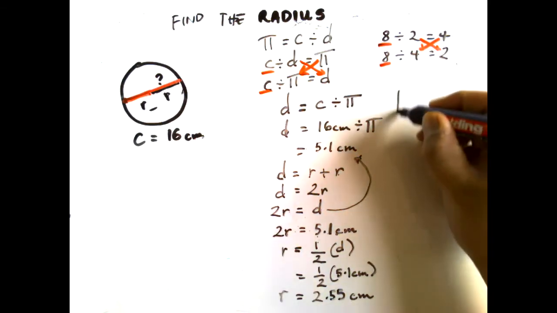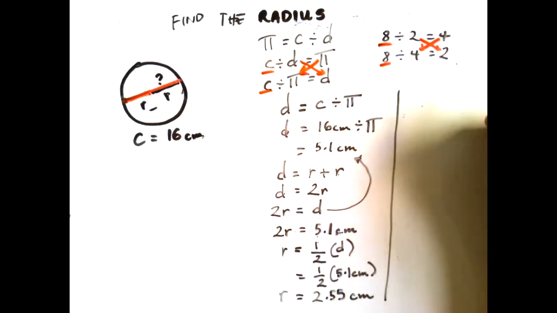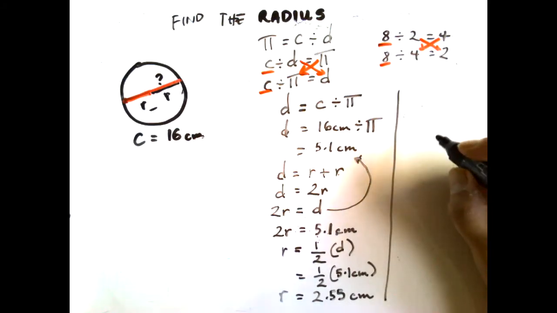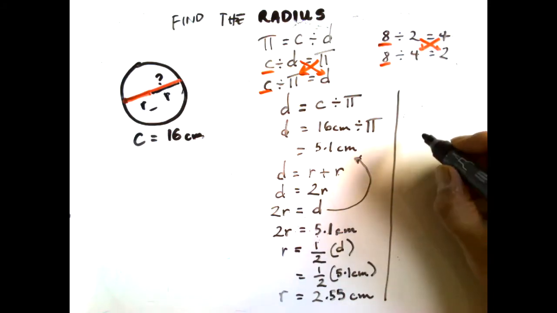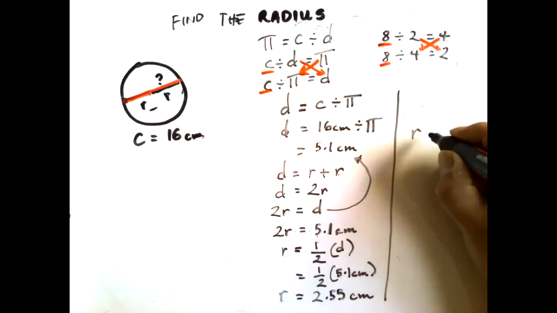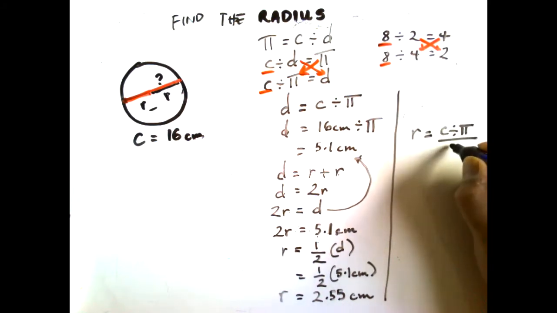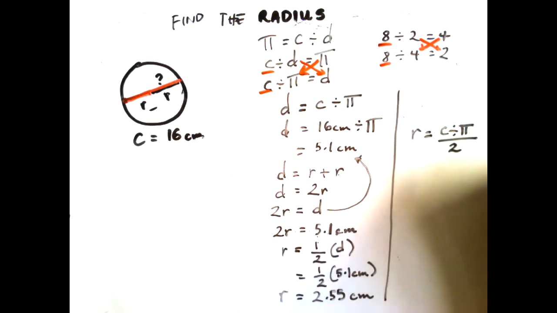So our whole process so far, the formula is really: radius is essentially c divided by pi divided by 2. That was really our whole formula, but I broke it down into two parts.